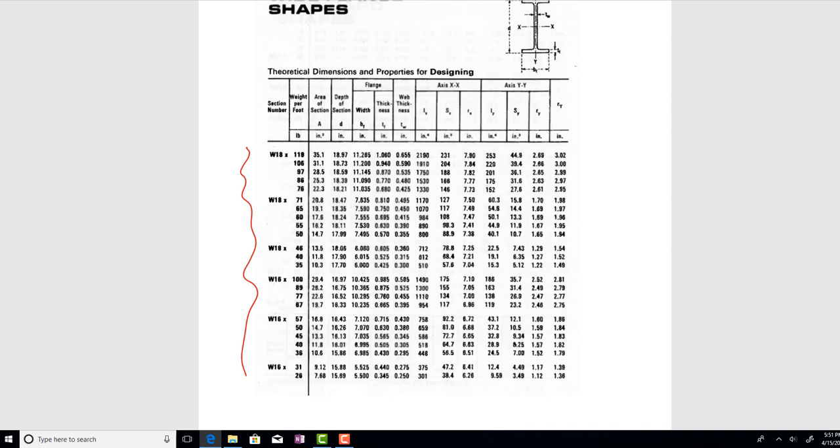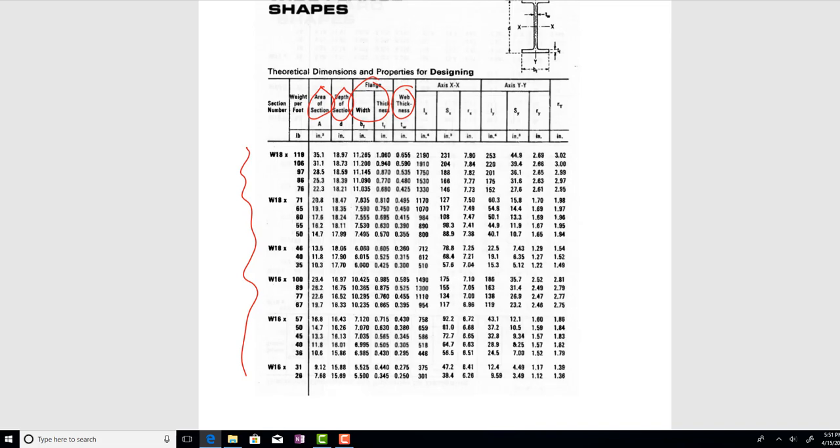So it's got some W18 sections, some W16 sections. And from this particular table, once you find out which size you're dealing with, you can get the cross-sectional area. You can get all the geometric properties. So there's the total height, and you've also got the flange properties and the web properties right there.